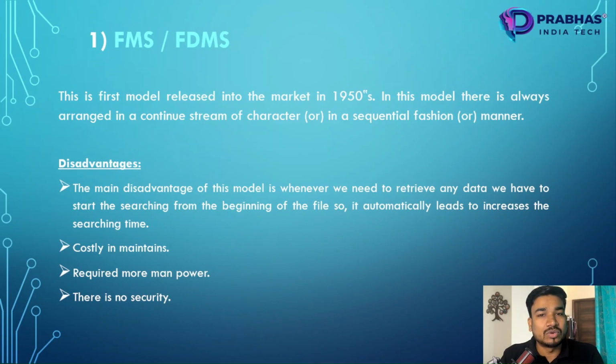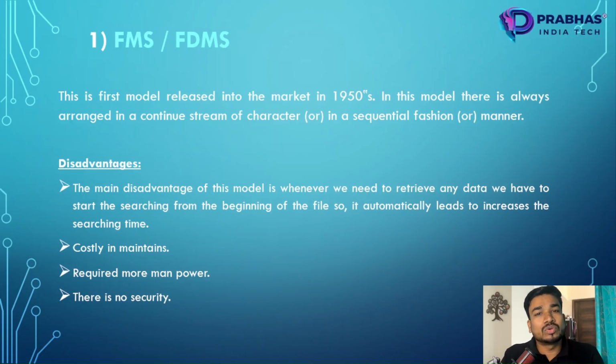We are not able to apply an index here because we are storing data in files. Another drawback is that it is costly to maintain and requires more manpower. The main concern is that there is no security for the file management system. So these are the main drawbacks.